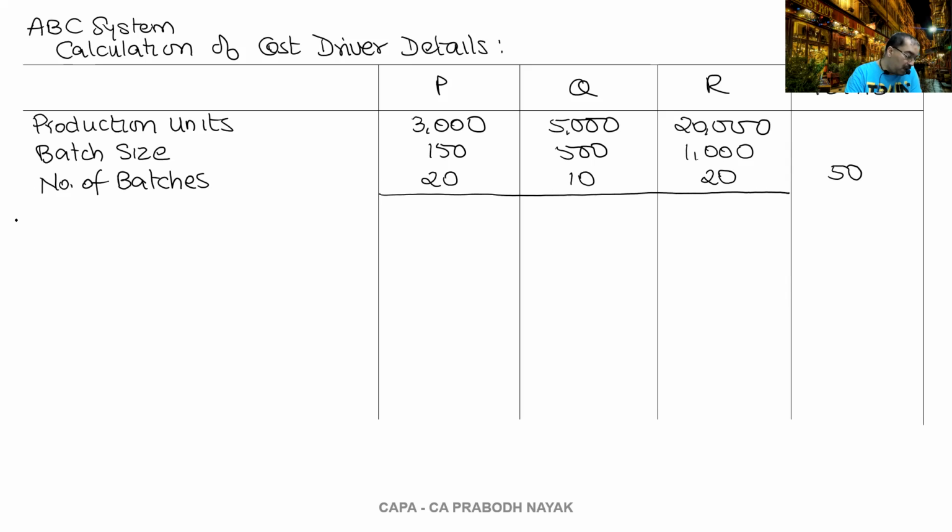Now, next is to calculate number of inspections. Number of inspections per batch. This is given to me as 5, 4, and 3.